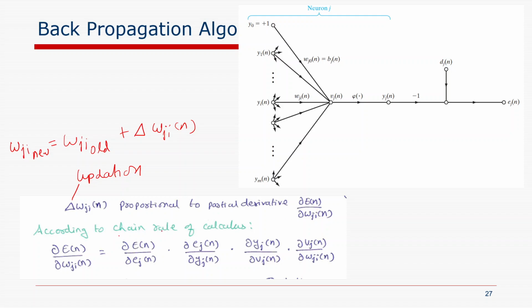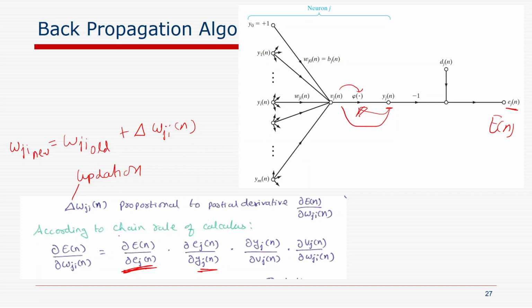And now this dou e of n divided by dou wji of n can be given by the chain rule. You can observe here, this is our total error. That is, this e of n will be given with respect to ej, and then ej of n with respect to yj, and then yj is with respect to the activation function, whose input is vj.